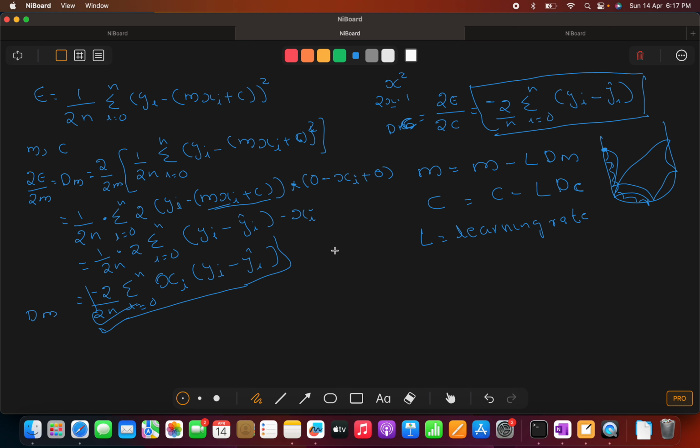Let me say it again. As we said, the algorithm says first we need to initialize m equal to 0 and c equal to 0. Then we need to calculate y.